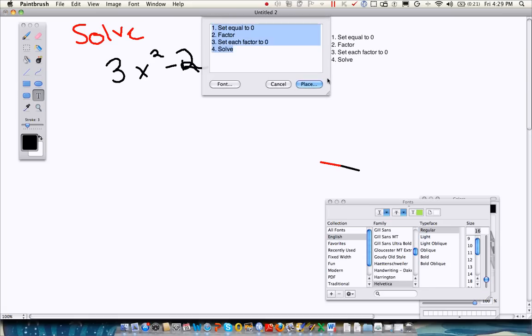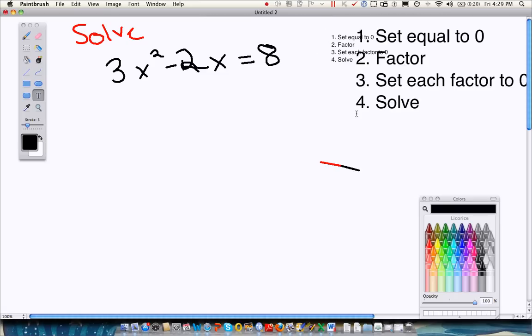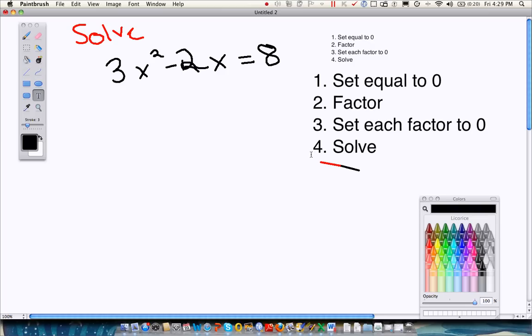So the first thing we want to do is set this equation equal to 0. I wanted to make that a little bit bigger so you guys could see it. So we're going to set this equal to 0 by subtracting 8 from both sides. Now remember your laws of like terms. You cannot combine a 2x and an 8.